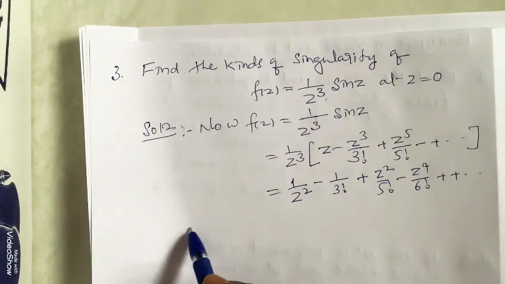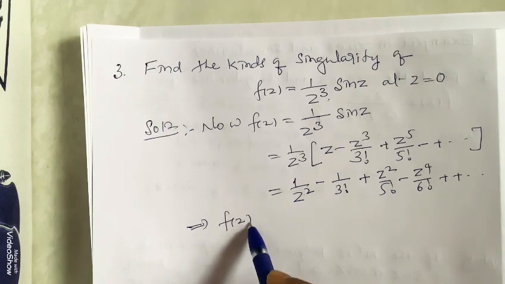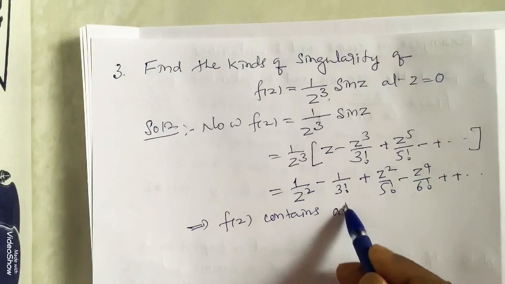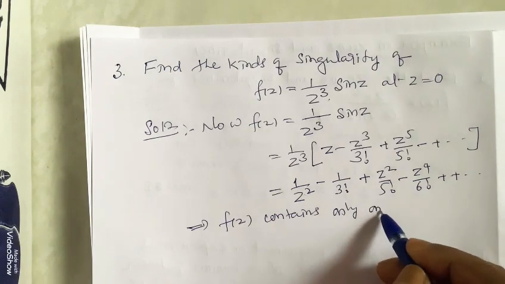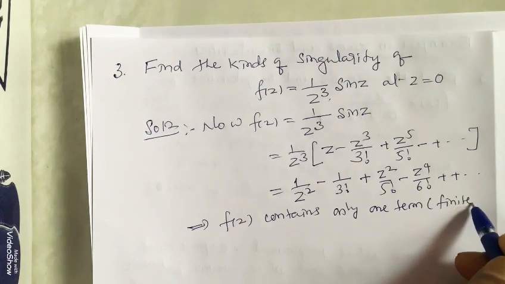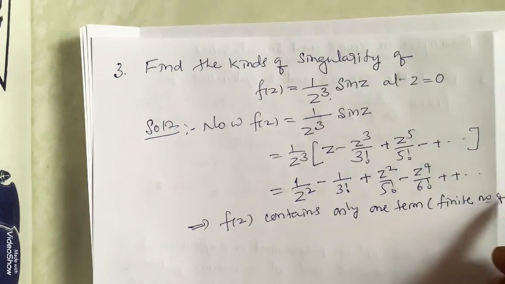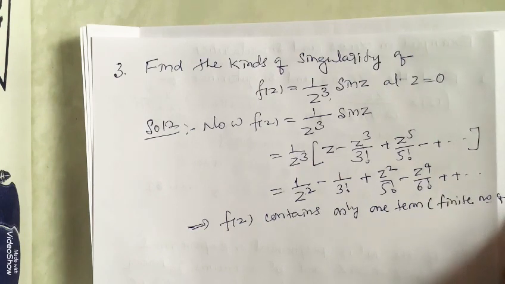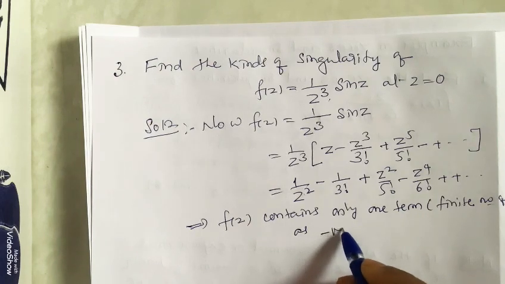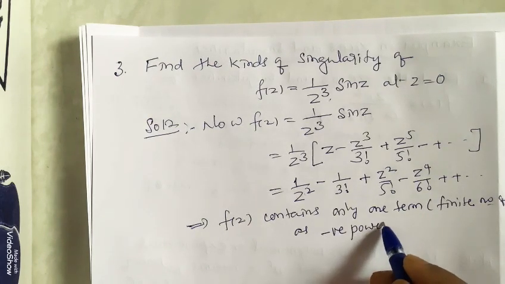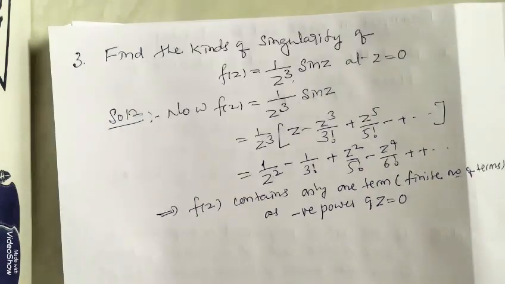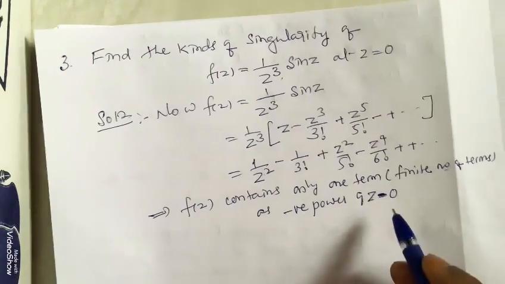So that implies f(z) contains only one term, that means a finite number of terms as negative power of z − 0 here. z − 0 means it is z itself.